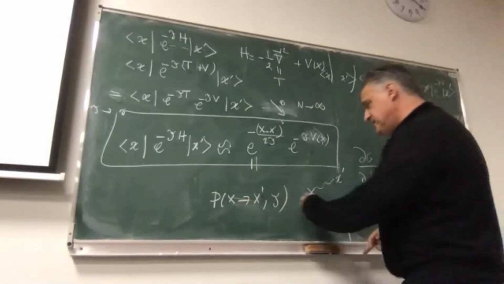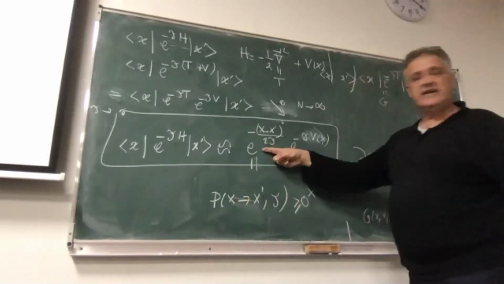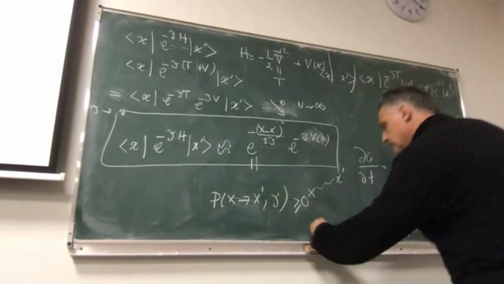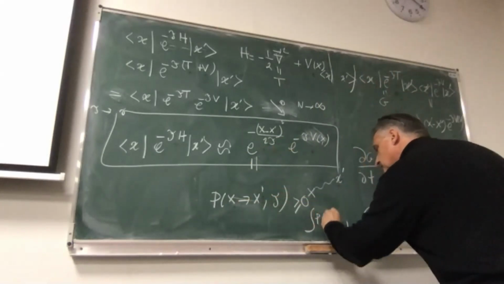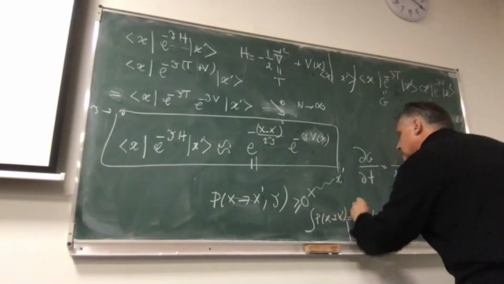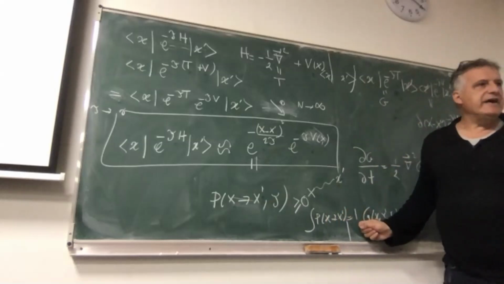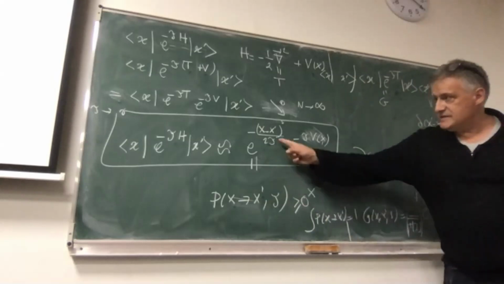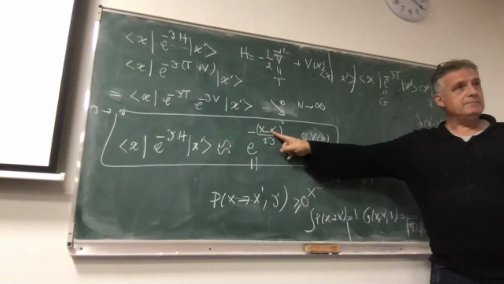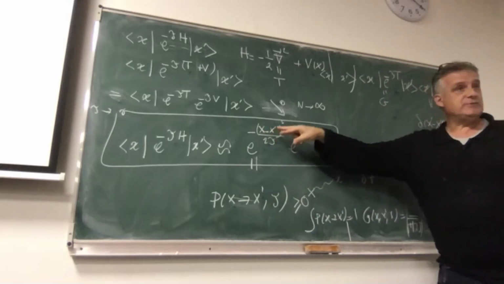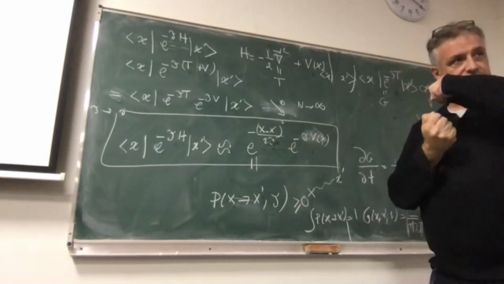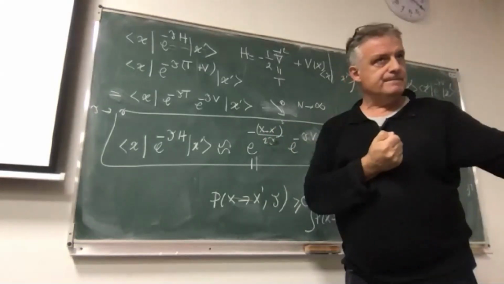This must be positive, which is the case, and the integral over all possible final values must be 1. It must be independent of x. And this is the case. If you integrate over x prime, it's independent of x because it depends only on the difference.